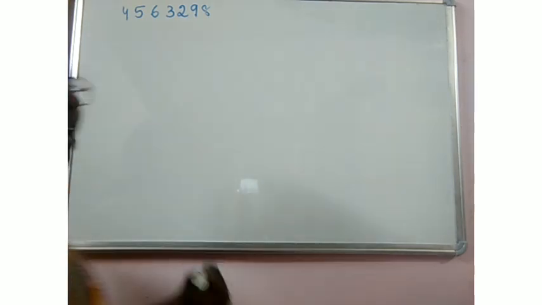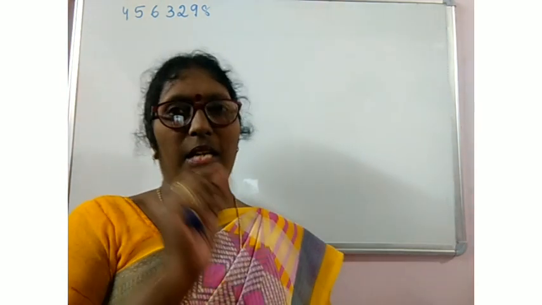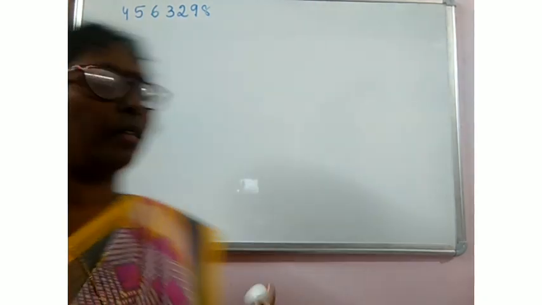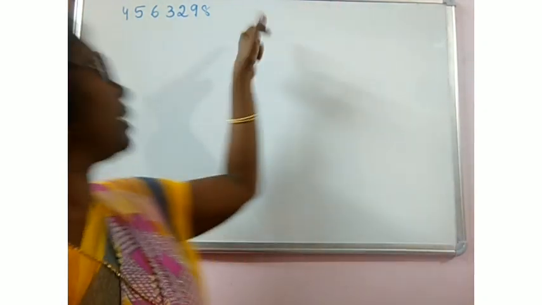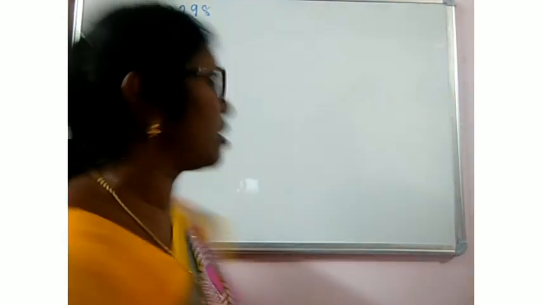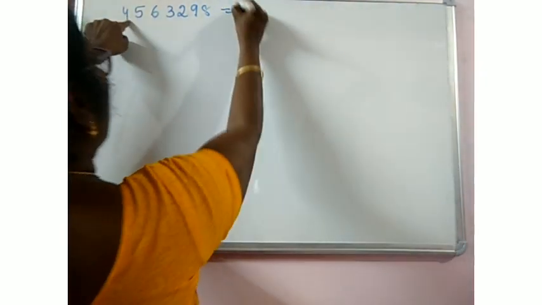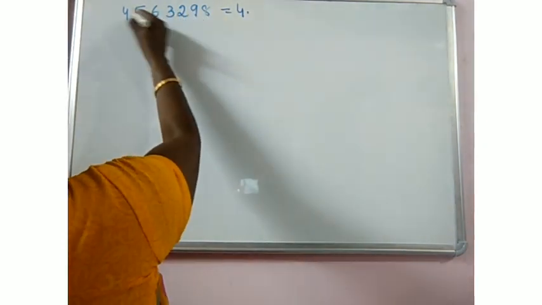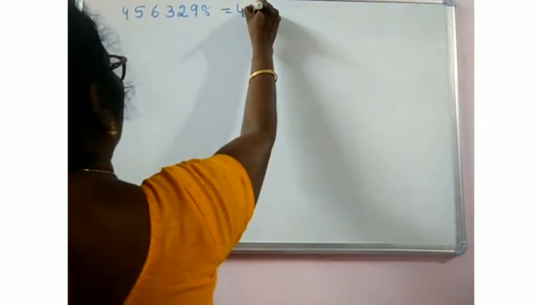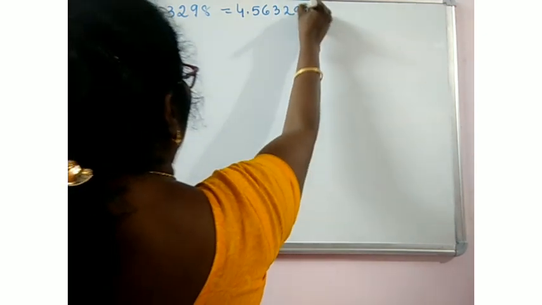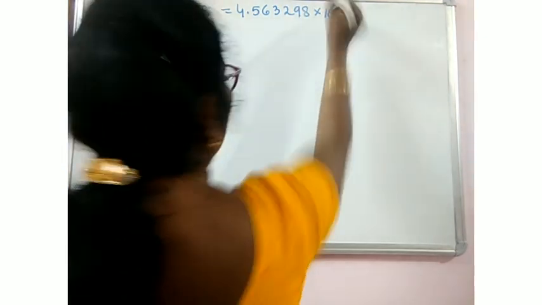Scientific notation means the decimal is to be there just after one digit from this side, then 10 to the power of however many places the decimal has moved. Let me write 4 point, and then 1, 2, 3, 4, 5, 6 places, so 4.563298 into 10 to the power 6.